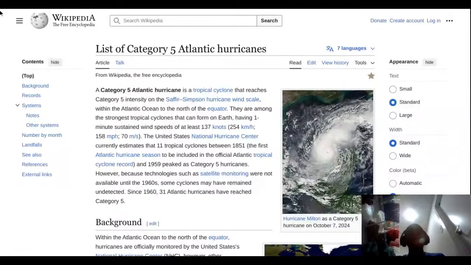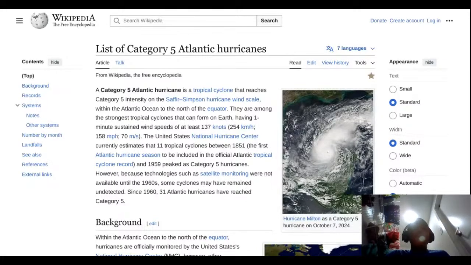But anyways, today we are looking at the list of Category 5 Atlantic hurricanes. So let's get into our article. A Category 5 Atlantic hurricane is a tropical cyclone that reaches Category 5 intensity on the Saffir-Simpson hurricane wind speed scale within the Atlantic Ocean.